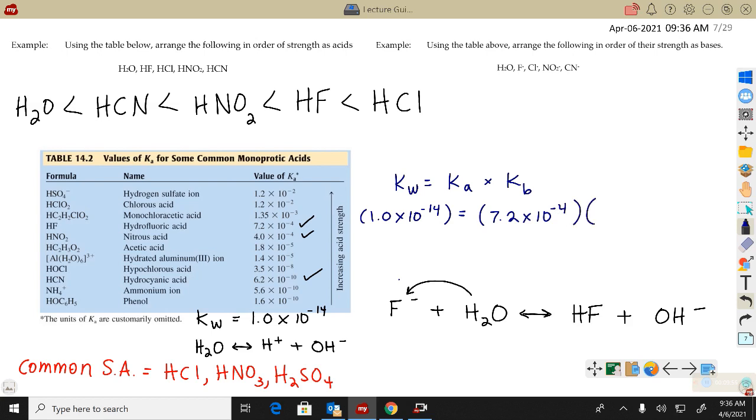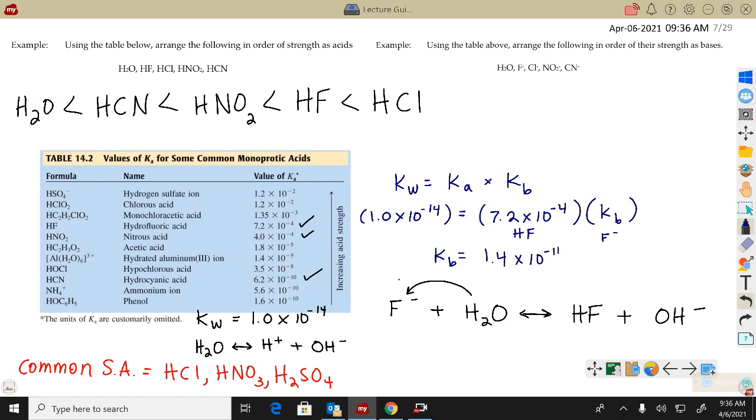And then I can solve for the Kb. The Ka is in reference to the HF. The Kb will be in reference to that fluorine ion, the conjugate base. You could plug this in your calculator and solve for the exact Kb value, and I get about 1.4 times 10 to the negative 11th.